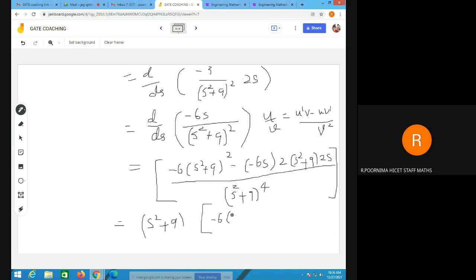One more term in the numerator: minus minus becomes plus, so plus 6 into 2 into 2. 6 into 2 is 12, 12 into 2 is 24, 24s square.